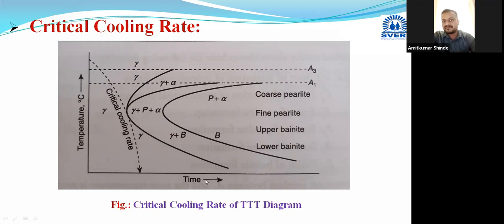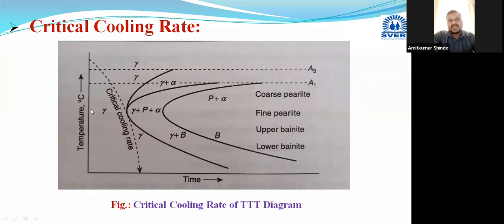As the percentage of carbon increases, it shifts this IT diagram towards the right side, meaning slower cooling rates are required, that will be termed as critical cooling rate.